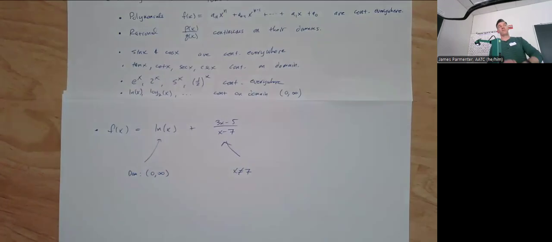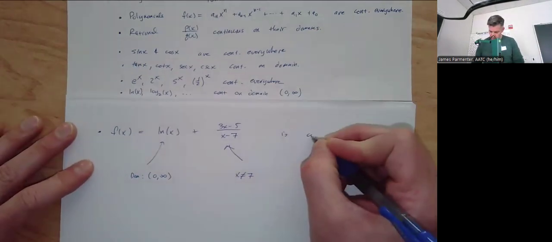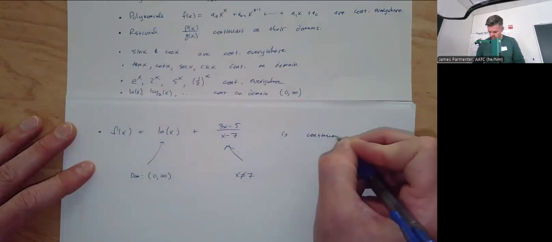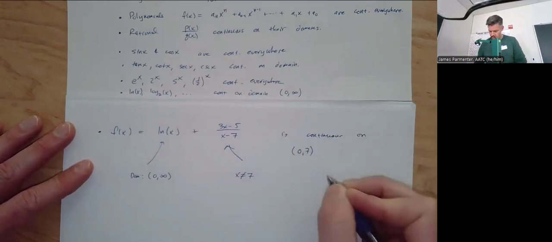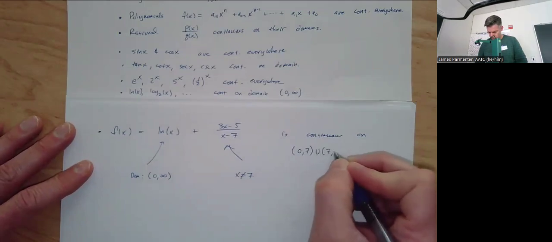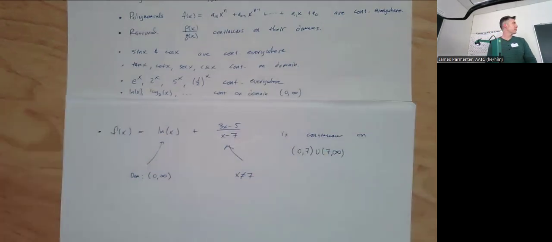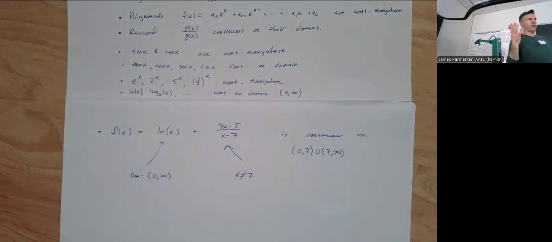So this function is continuous on its domain, which is all positive numbers except for 7. So f of x is continuous on the interval from 0 to 7, excluding 7, union 7 to infinity. Because it's a combination of typical functions, and we're just excluding the values of x that aren't in the domain.